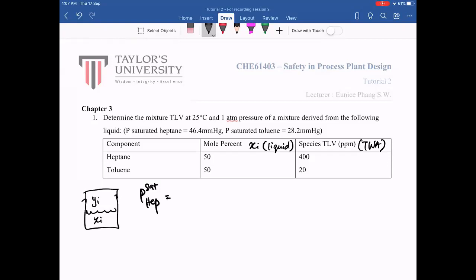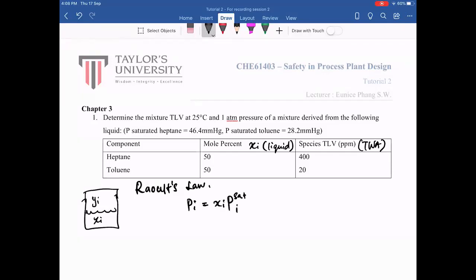Let me rephrase that. So let's go back to Raoult's law. Raoult's law says that you have your Pi, your partial pressure, equals to Xi times P saturated i.